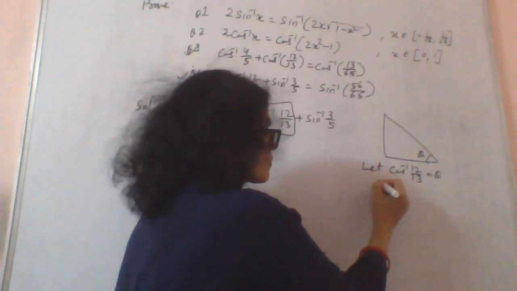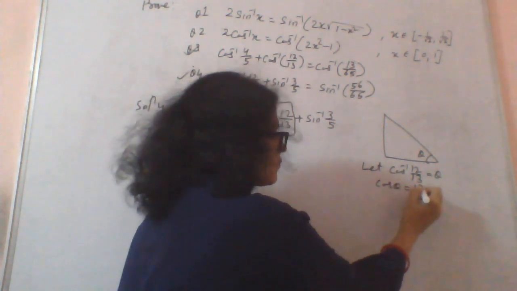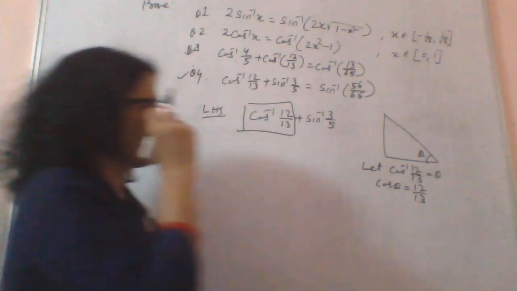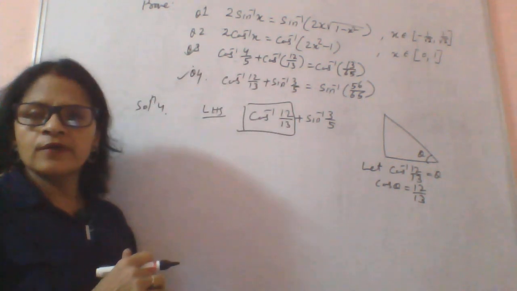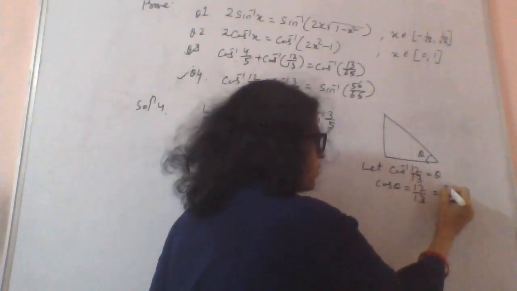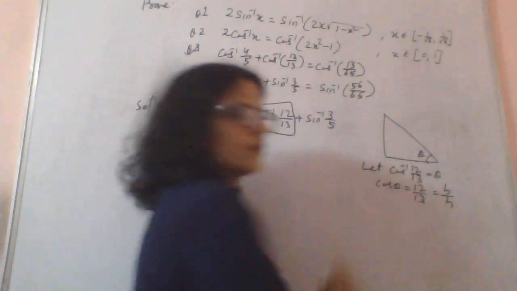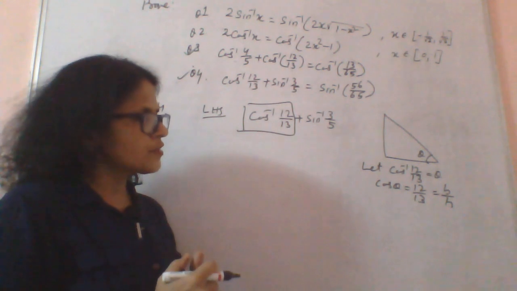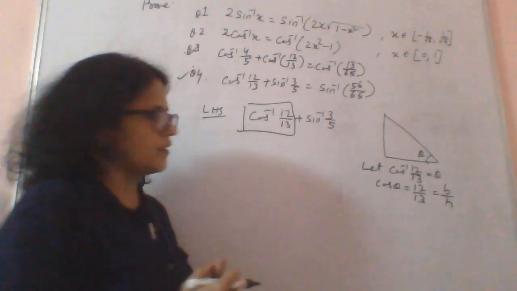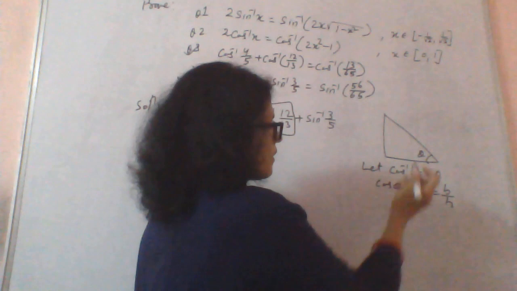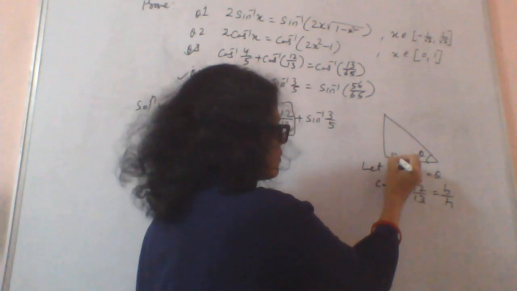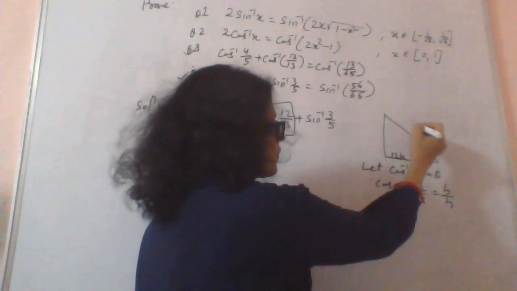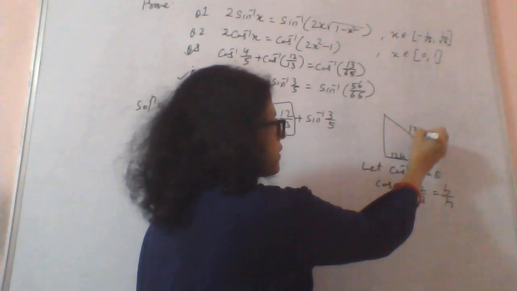It means cos theta equals 12 by 13, that is B by H. So the ratio of base to hypotenuse is 12 to 13, so base can be taken as 12k and hypotenuse as 13k.